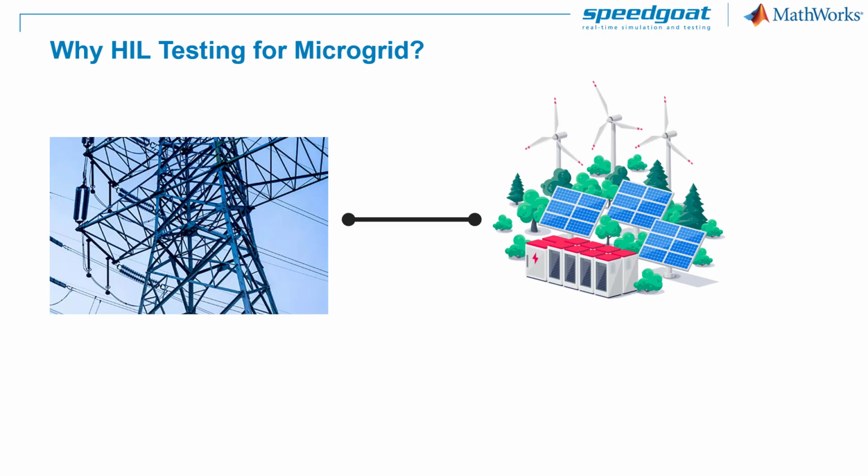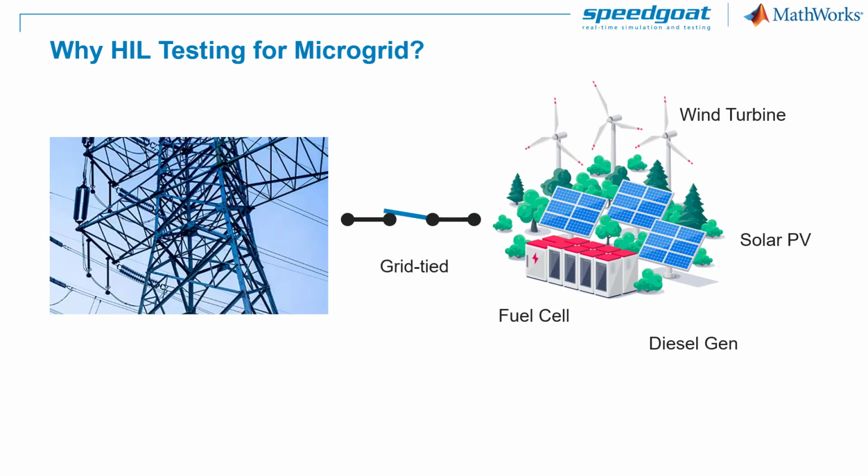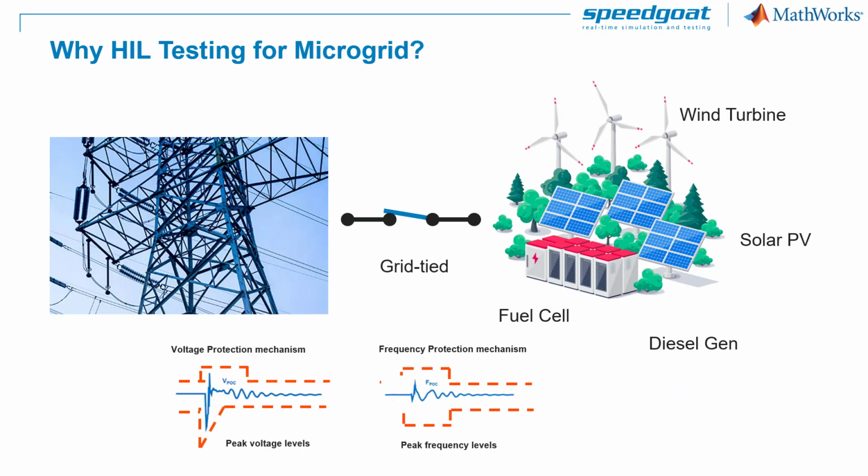A microgrid could have various types of power generation sources like solar panel, wind turbine, diesel generator, fuel cell, etc. It could be remote, it could be running as a standalone or island mode, or could be connected to the grid. Therefore, complying with grid code and ensuring safe and smooth transition is very important. Because in a microgrid, you will be dealing with high voltage and a lot of different equipment, thoroughly understanding your system and sufficient testing is very important.